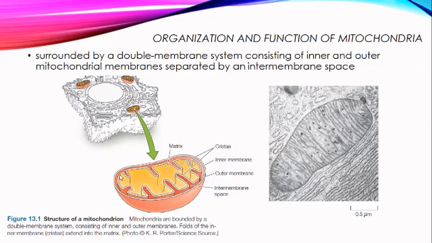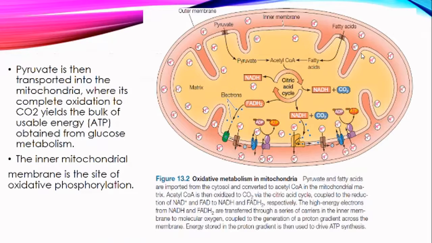So this is the matrix where the TCA cycle happens. We have the citric acid, or tricarboxylic acid, or Krebs cycle, in which, when the glucose is converted to pyruvate, the pyruvate will enter the outer membrane passing through a pore. The mitochondrial membrane has pores because it doesn't allow some of the molecules to enter.